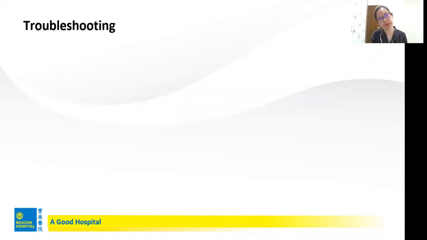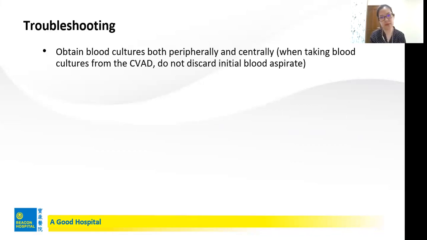What if the catheter bloodstream infection has already happened, with all the signs and symptoms that you detect? Okay, so now you have to obtain blood culture. Why do some doctors ask you to take blood C&S from the peripheral brachial vein, and also take from your CVAD?